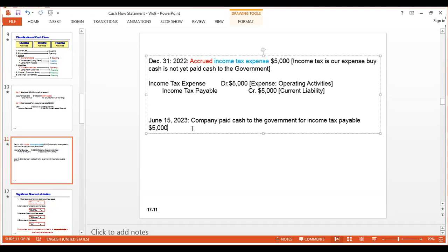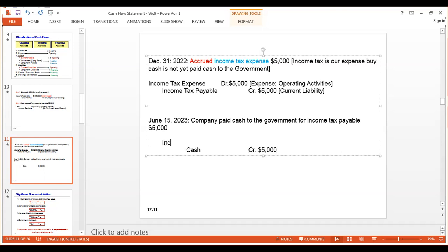So what is the journal here? Journal here is you pay cash, right? You pay cash, cash should be credit. So cash credit. How much cash you paid? You paid cash $5,000. And what is debit?